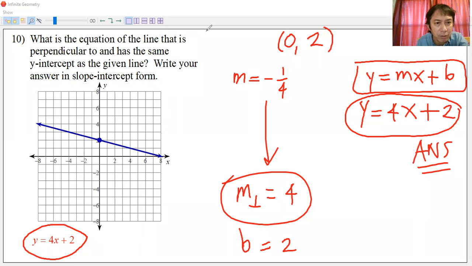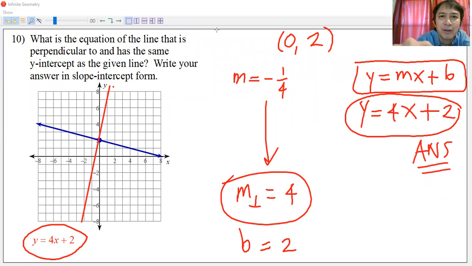If you're asked to draw it, you shall be able to draw that as well. So how do you draw that line? It has a slope of 4, so it must be something like passing here, like that. And where did you get that 4?